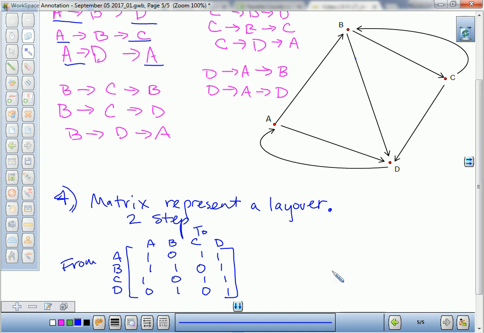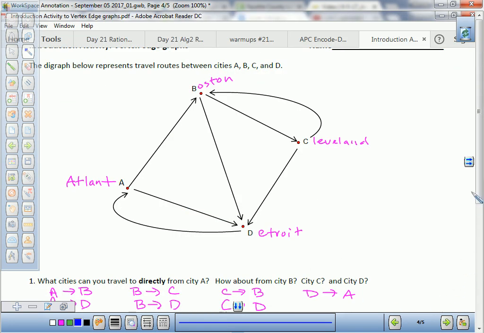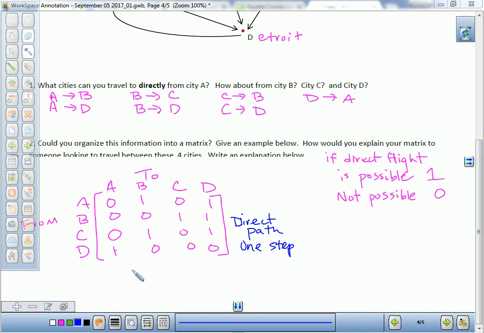Alright, so what I'd like you to do is go back and enter this matrix as matrix A into your calculator. Your one-step matrix as matrix A. I got a graphics calculator. It's already entered.